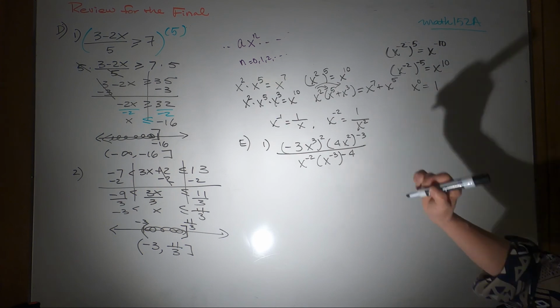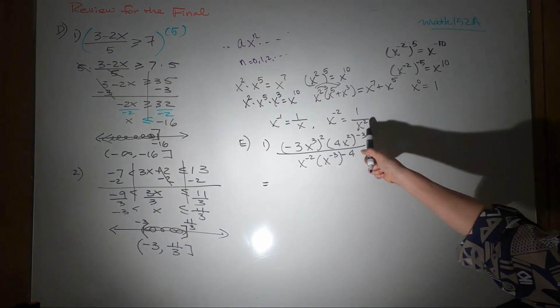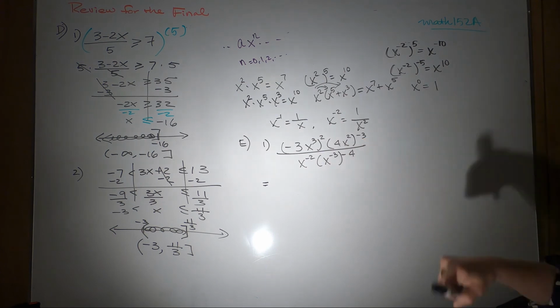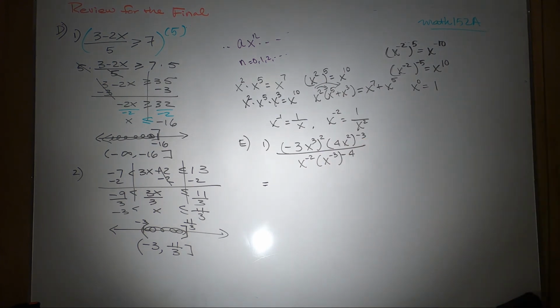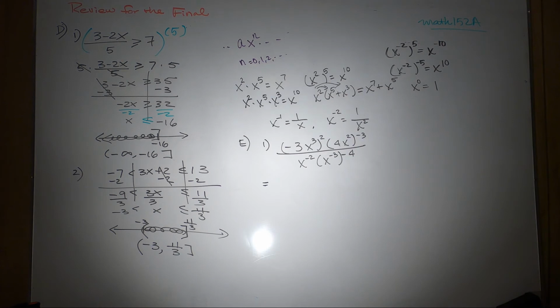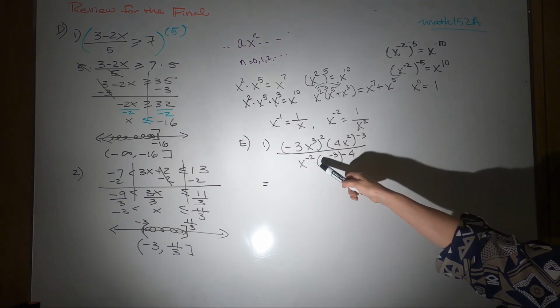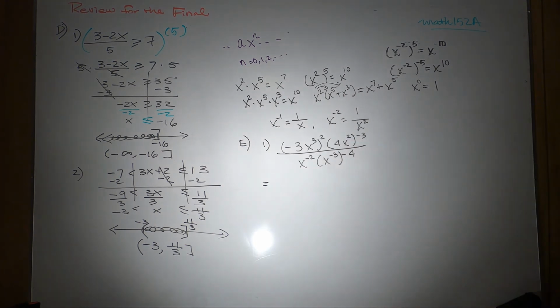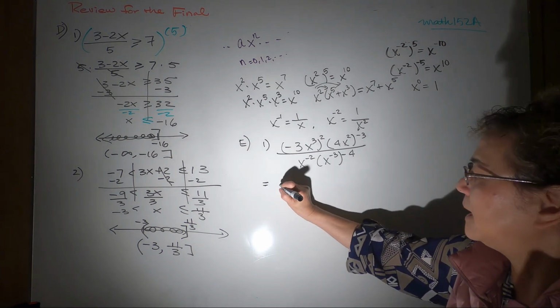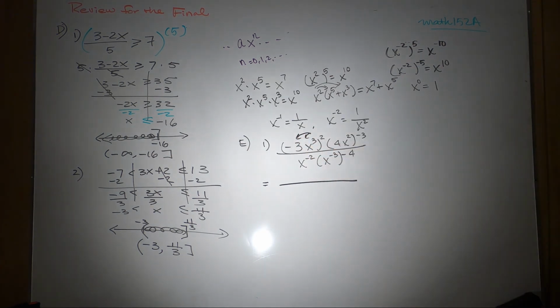So if we simplify this, what do we need to do? Too many x's, too many powers. So the simplest form is what? Just a simple fraction, one numerator, one denominator. Then numbers with numbers, and if just x, you should have one variable, same variable with one individual power. So we distribute.